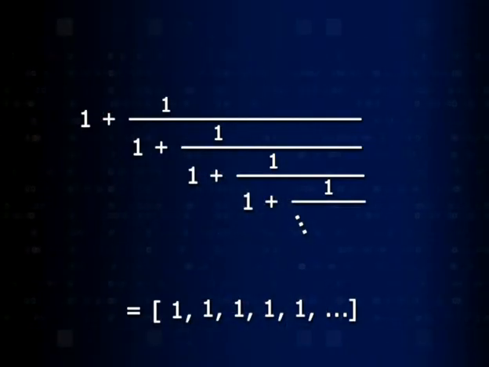Well, the smallest partial quotient possible would be the smallest natural number, which of course we all know is the number 1. Thus, in some informal sense, the least irrational number has a continued fraction expansion equal to 1 plus 1 over 1 plus 1 over 1 plus 1 over 1, and so forth forever, endlessly.